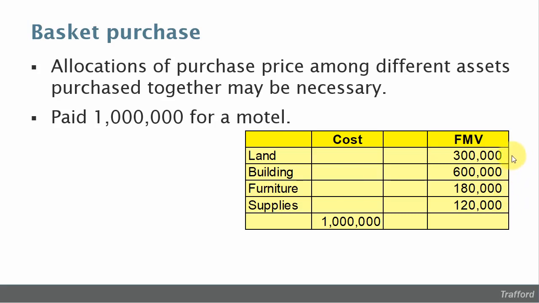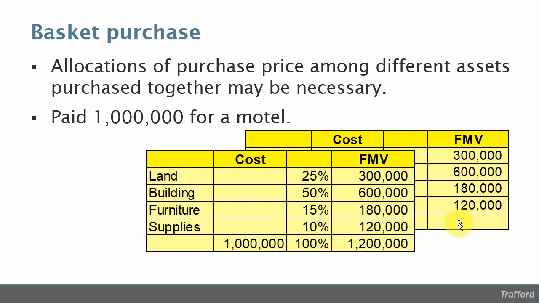So in this case, an appraiser has given us separate fair market values for each different type of asset. In total, if we had bought each of those assets separately, we would have paid $1,200,000 for it. And that's oftentimes the case. When you have a basket purchase, you're generally paying a bargain price because you're buying everything together.